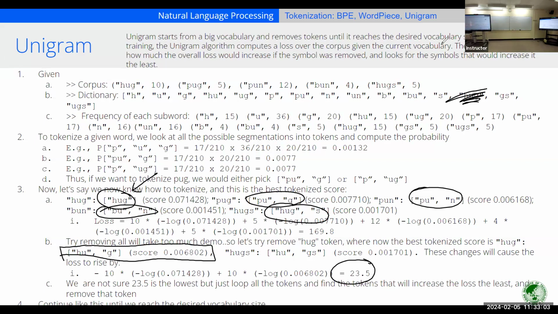But it's also a good idea to understand that you remove the one that increases the loss the least. It's a good idea because many NLP algorithms also use this idea. Okay, so that is the unigram.